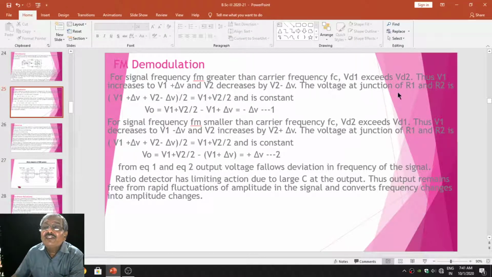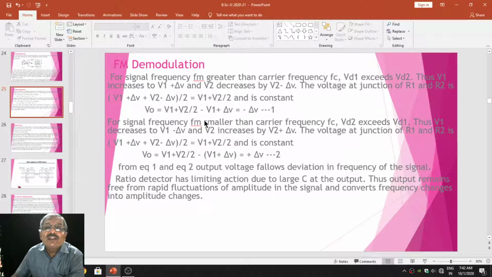The voltage at the junction of R1 and R2 is given as (V1 plus delta V plus V2 minus delta V) upon 2. Delta V will cancel and we will get (V1 plus V2) upon 2, which is constant. Therefore, the output voltage developed is (V1 plus V2) upon 2 minus (V1 plus delta V), and this comes to minus delta V. Let me call it equation number 1.